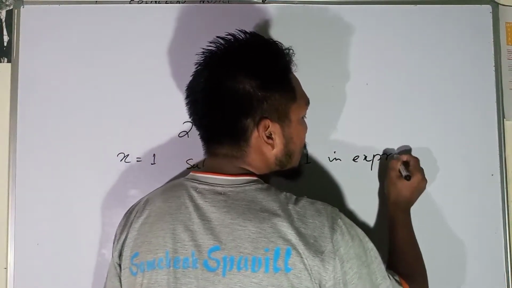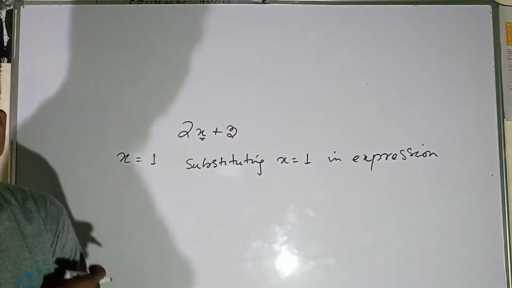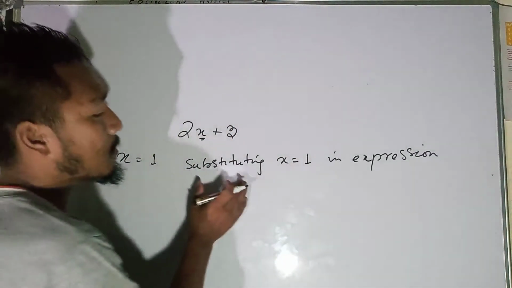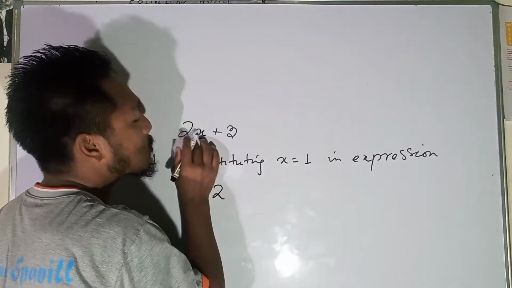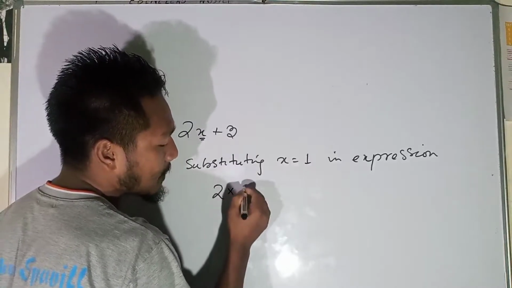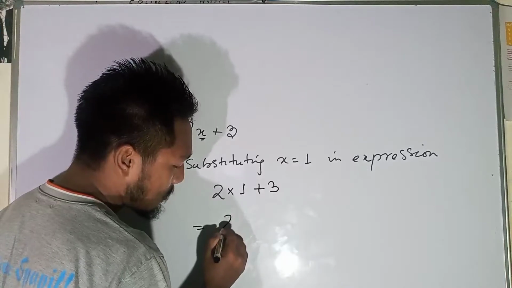Wherever x is there, we will substitute x is equal to 1 in the expression. So 2x means 2 into x, that is 2 into 1 plus 3. So 2 into 1 is 2, plus 3.